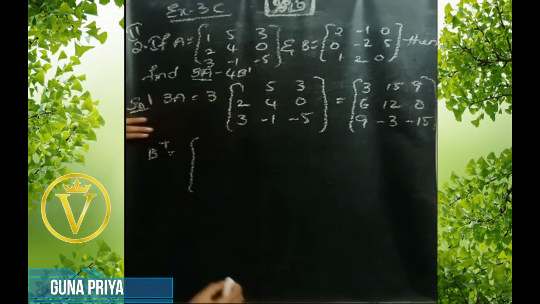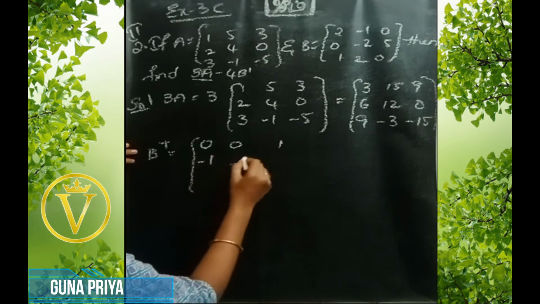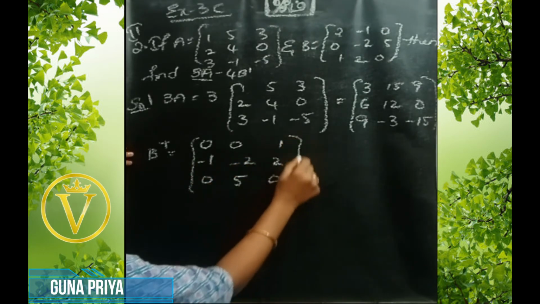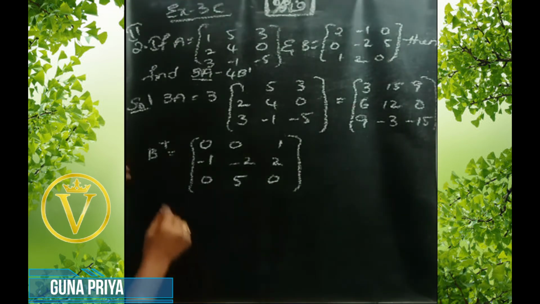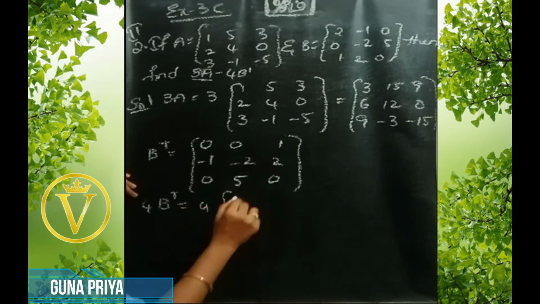What have they given? B here is 0 0 1, minus 1 minus 2 2, 0 5 0. Now we have to multiply the 4 with B dash.